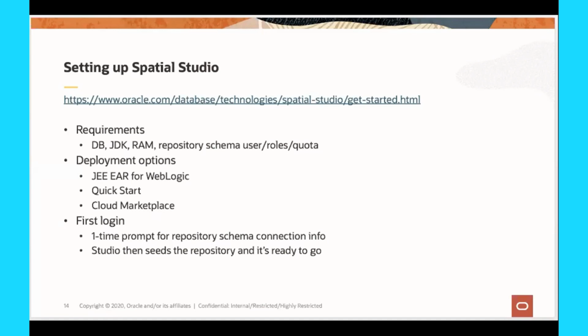Number two, there is more than one option for the actual binaries and deployment app itself. Option number one is that you can access Spatial Studio as a JEE EAR file that you deploy to WebLogic Server.